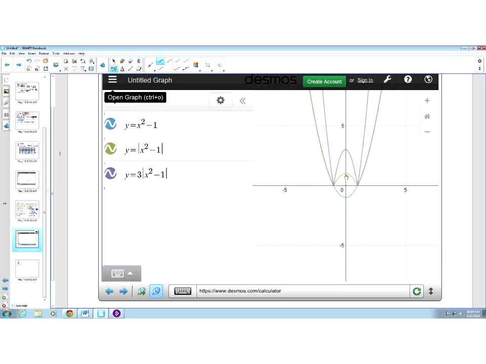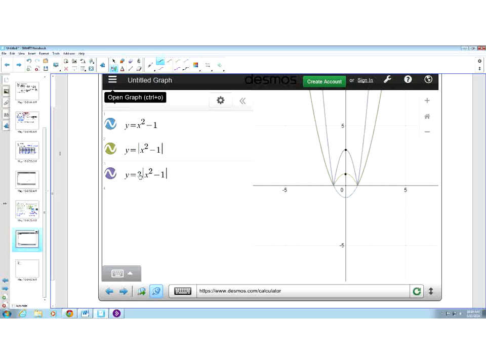See the vertex that happened here? The vertex was originally at 1, but since we multiplied it by 3 in a vertical stretch, then the vertex got moved up to 3. And look at the branches. The branches kind of folded in closer to the y-axis. So that's kind of interesting, what's going on there.